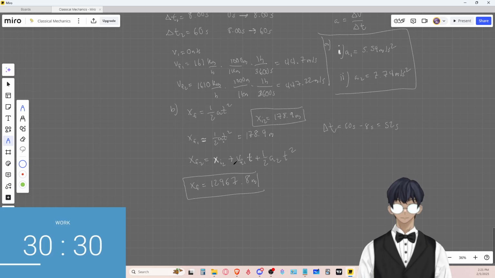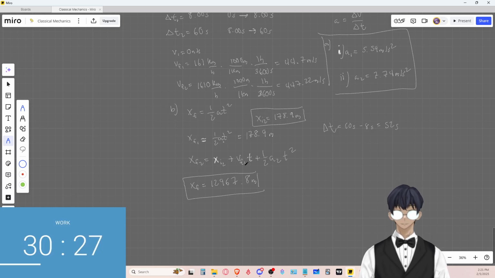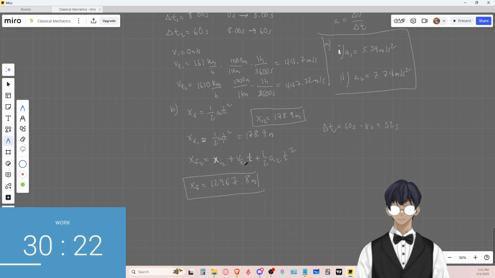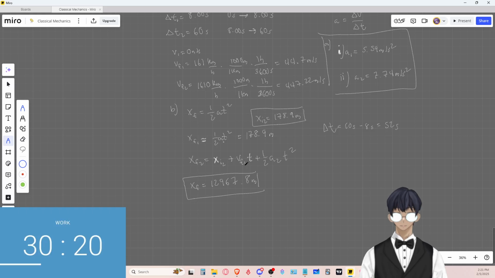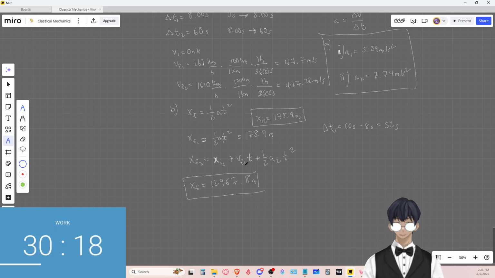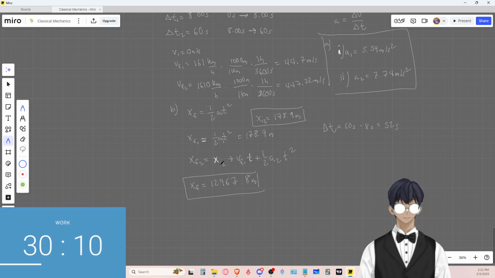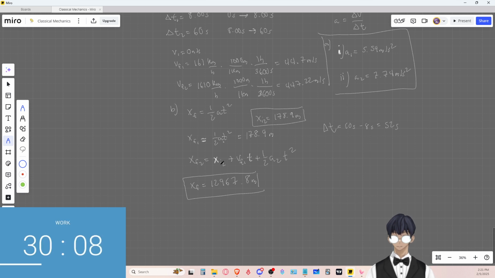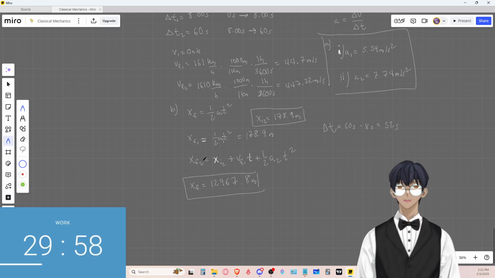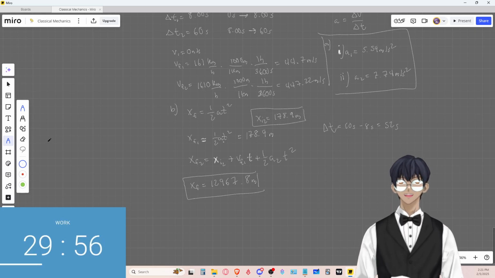Yeah, because this is the final velocity after a minute, so we don't have to put that in, I think. But we do have to put the first velocity that we got into this equation, because everything that is initial in this equation is sort of like the final from the first equation we got. So I think that is how you solve that problem. I believe. Let's just hope that I got it right.